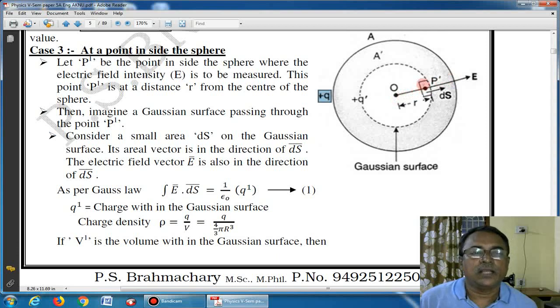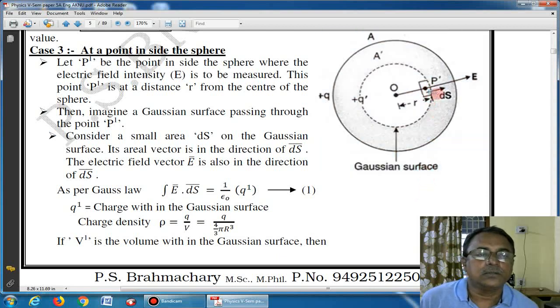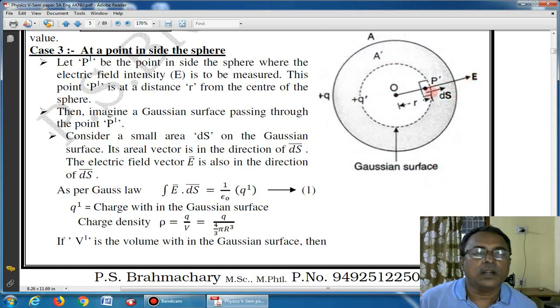I have already explained earlier. So this is the direction of electric field intensity E. And take a small area dS on the Gaussian surface, and its area vector is perpendicular to this small area. Say this dS bar is in this direction, and the angle between this E bar and dS bar is equal to 0.